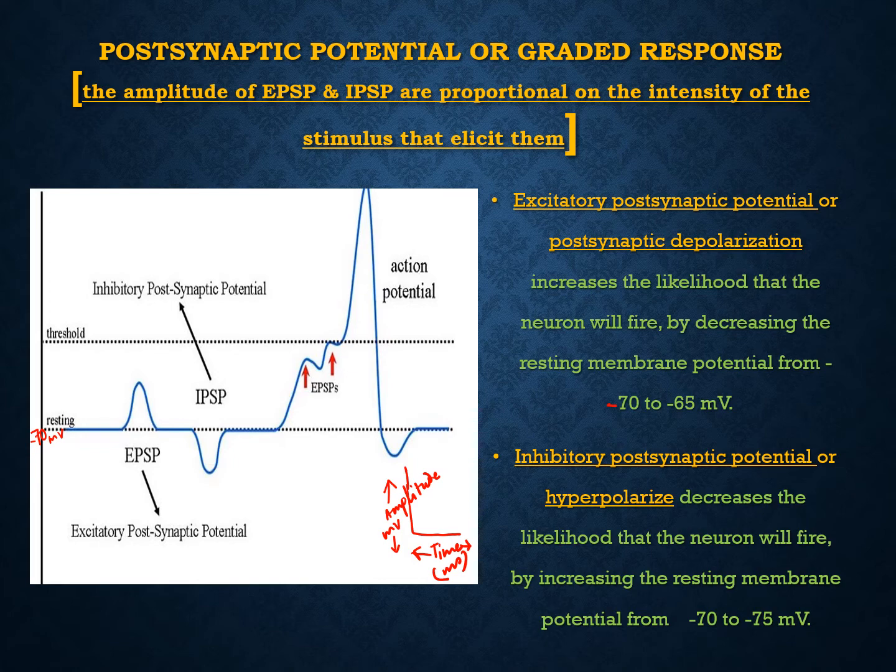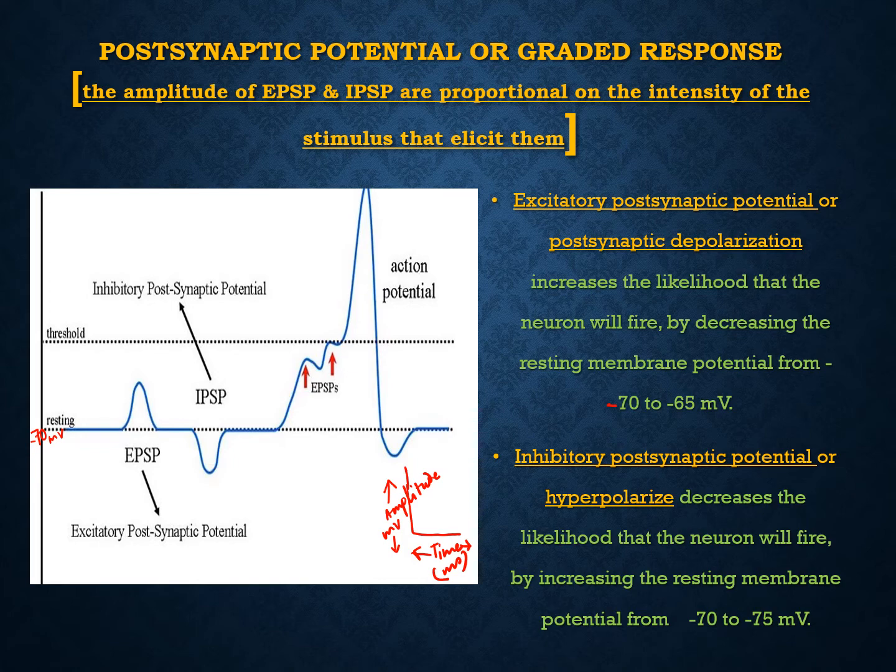If it goes to minus 65 millivolt or so, then we can say that the EPSP is occurring there. And if it goes from minus 70 millivolt to minus 75 millivolt or so, we say that an inhibitory postsynaptic potential is taking place.